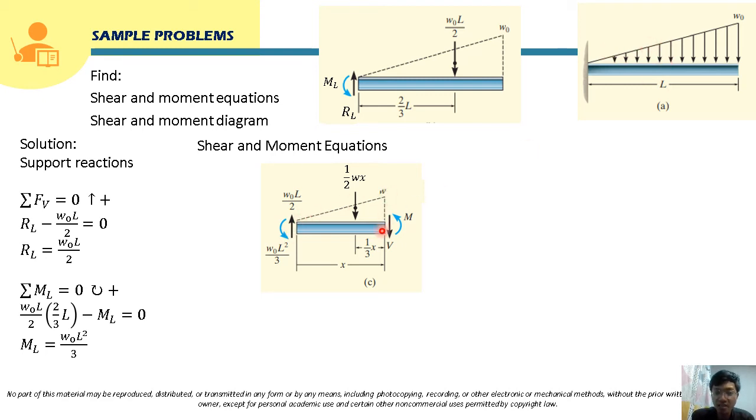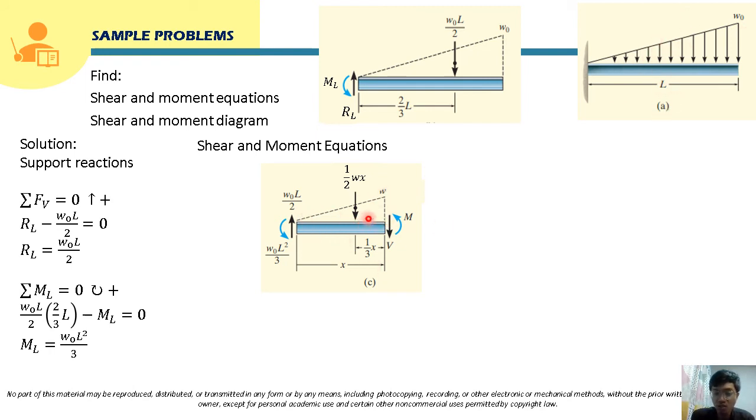Let's say, class, that the intensity of this triangular loading at this cut section is W. This is different from W sub O, since this is the triangular loading at the cut section.